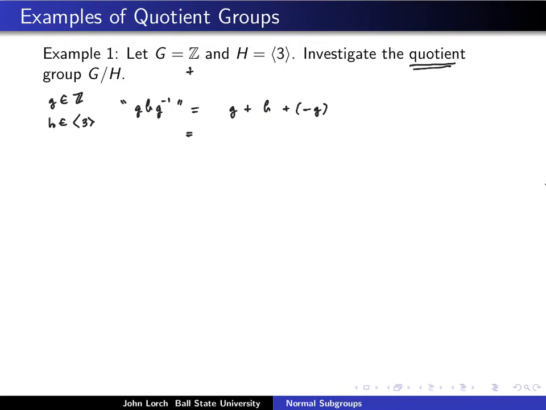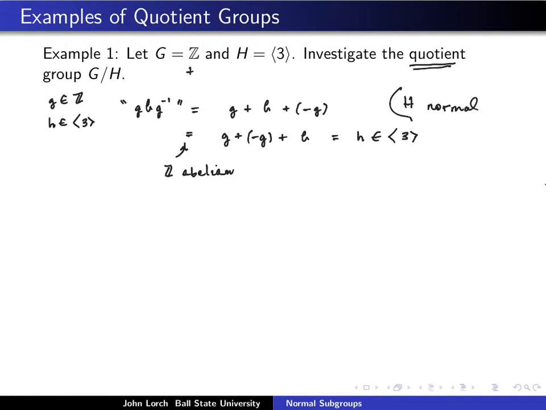But remember, the integers are abelian, and so we can move this stuff around any way we want. So that's g plus minus g plus h. But that's, of course, just h, which does, again, lie in this subgroup capital H. And so this means that capital H is normal.